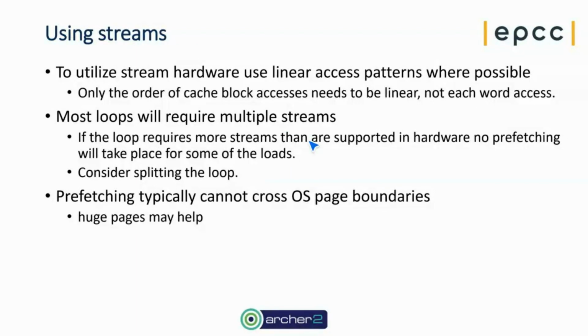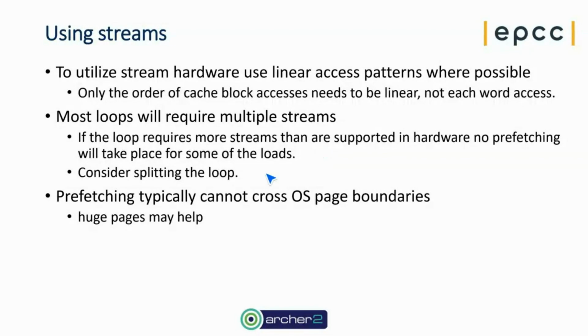It is possible, if your loop references a lot of different arrays or a lot of disparate locations in the same array, to run out of streams. There's a limited number of prefetch streams that the hardware supports, and you can run out if you have a lot of different accesses in the same loop.